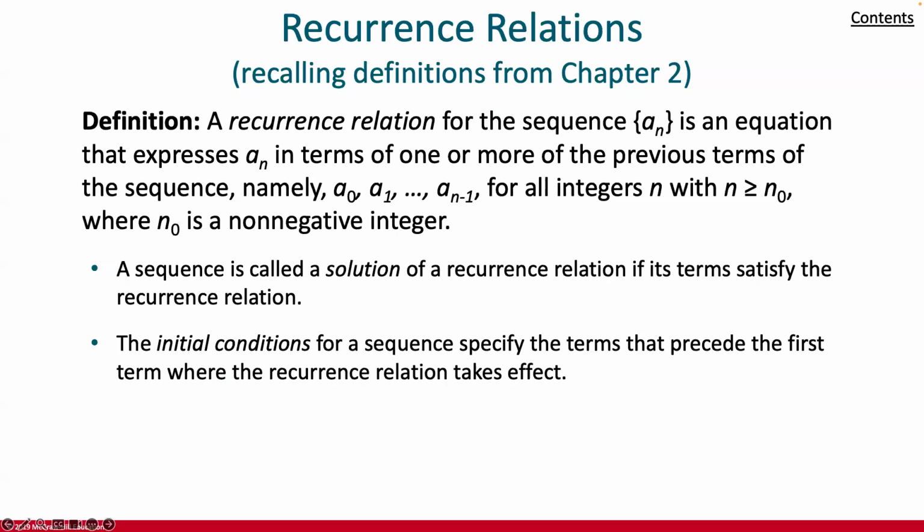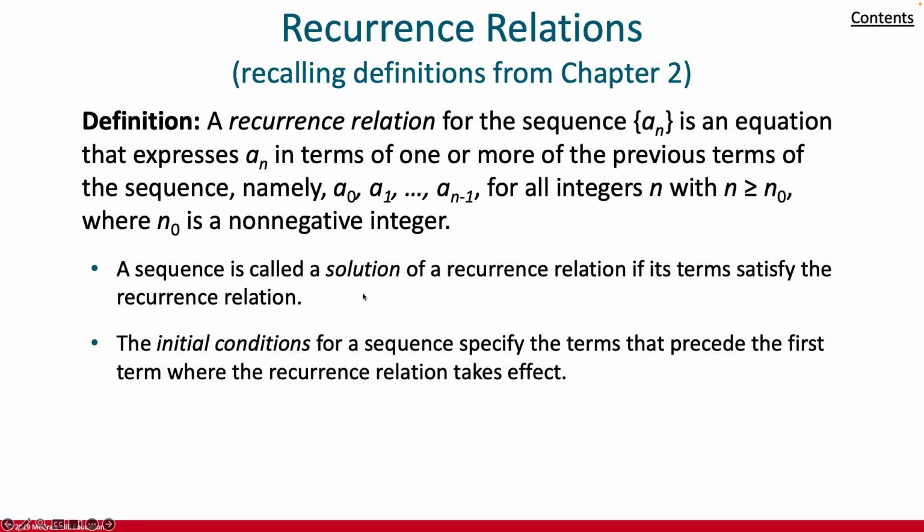Okay, in terms of recurrence relations, here we have a definition. A recurrence relation for the sequence a_n is an equation that expresses a_n in terms of one or more of the previous terms of the sequence, namely a_0, a_1, all the way up to a_{n-1}, for all integers n greater than or equal to n_0, where n_0 is a non-negative integer.